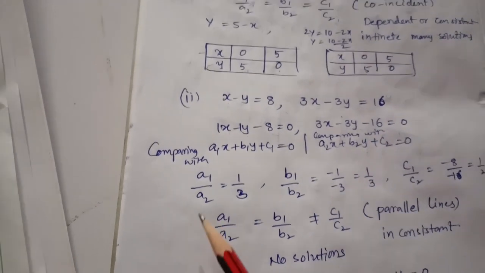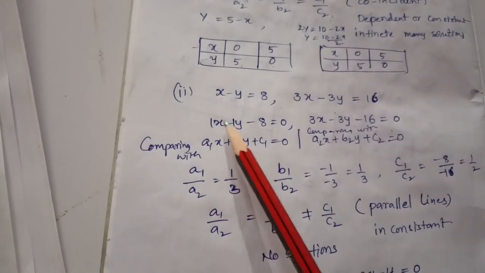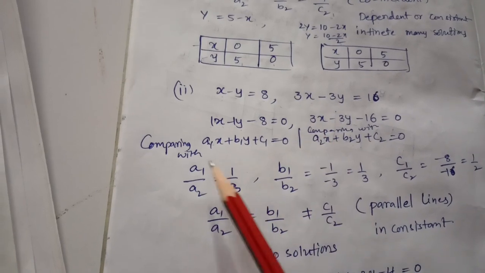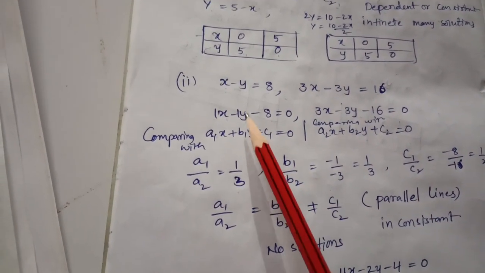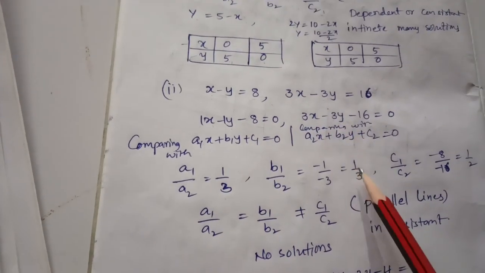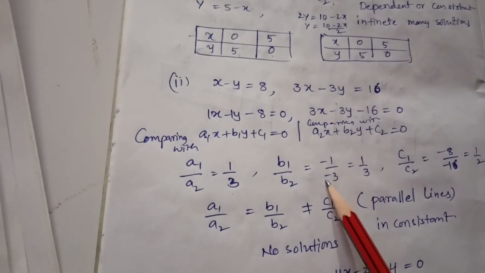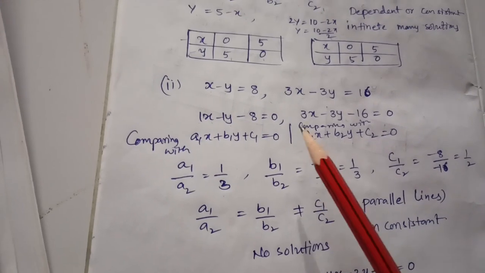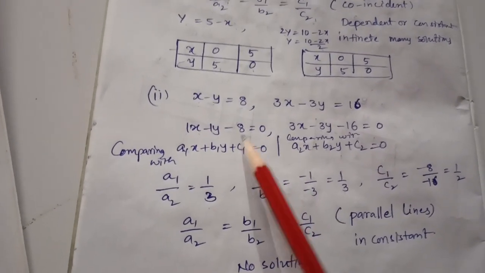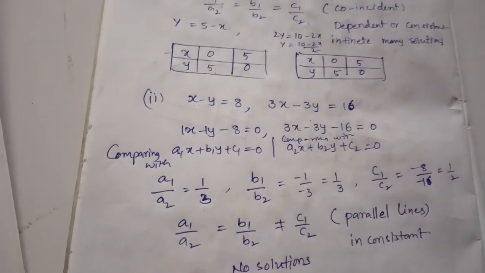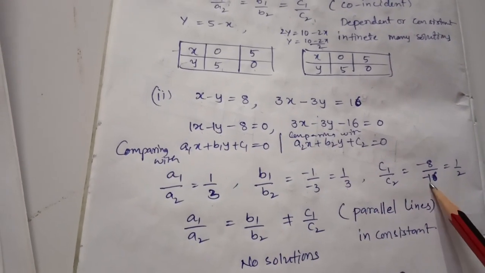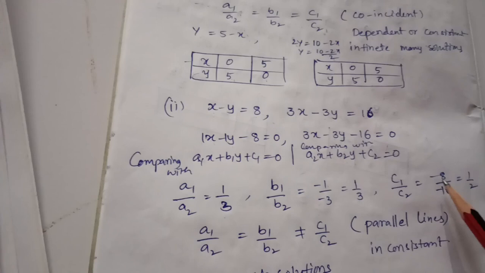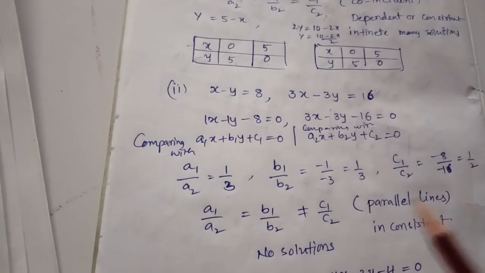Now find the ratios. a1 by a2: a1 is 1, a2 is 3, so a1 by a2 is 1 by 3. Next b1 by b2: b1 is minus 1, b2 is minus 3, minus 1 by minus 3, minus minus cancels, 1 by 3. Next c1 by c2: c1 is minus 8, c2 is minus 16, so c1 by c2 is minus 8 by minus 16, minus minus cancels, 8 ones are 8, 8 twos are 16, so 1 by 2.